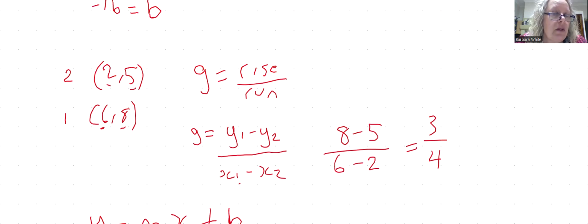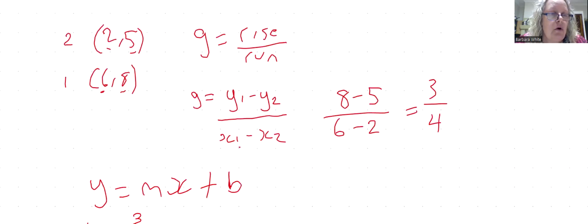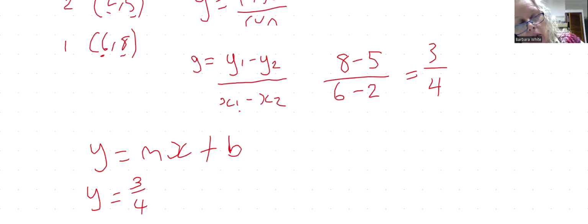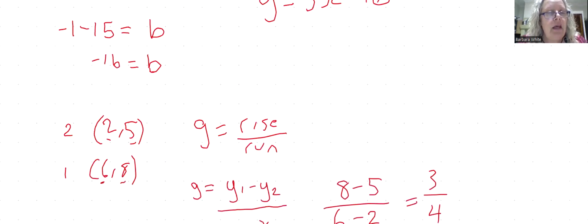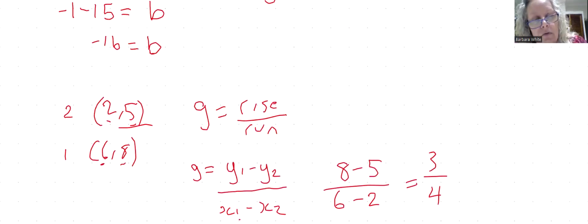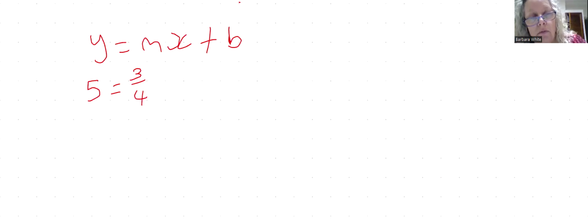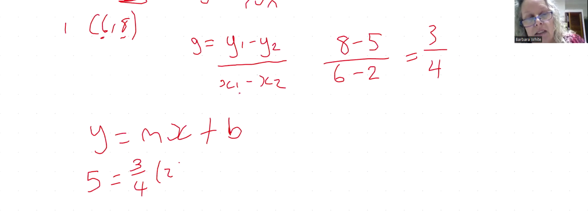I'm going to go with the first point, 2, 5. Oh, so I should put 5 there. 5 is our y value. There it is there. x value is 2. 3/4 of 2 plus that number that we don't know.